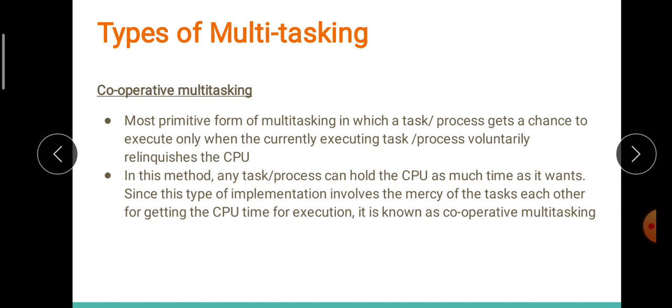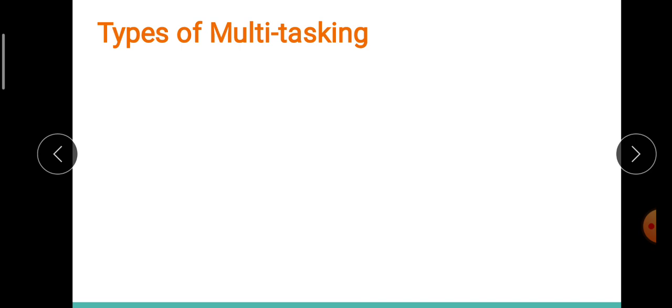So there must be cooperation between these tasks so that all the tasks can execute. If the current task, say my task 1, is non-cooperative, what happens? The other task will have to wait for a very long time to get the CPU. So this is one type of multitasking, called cooperative multitasking.